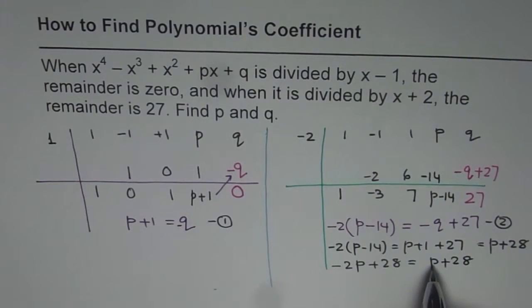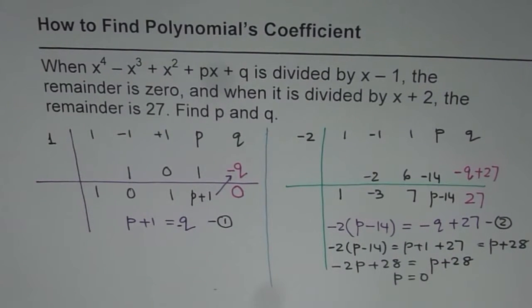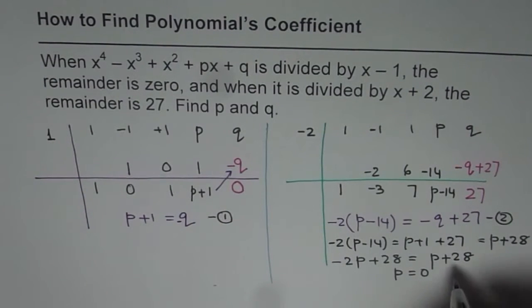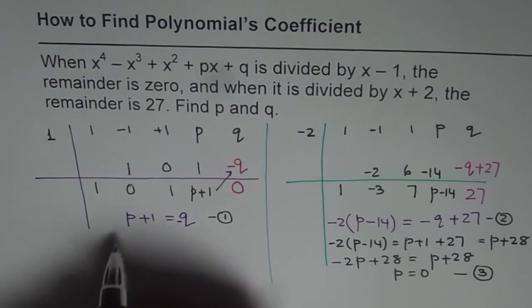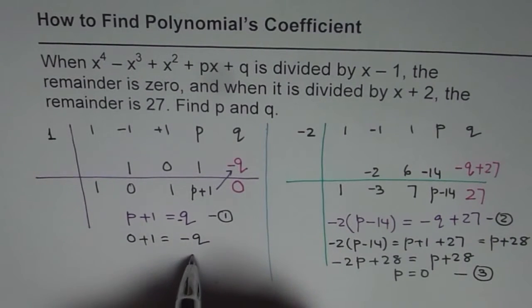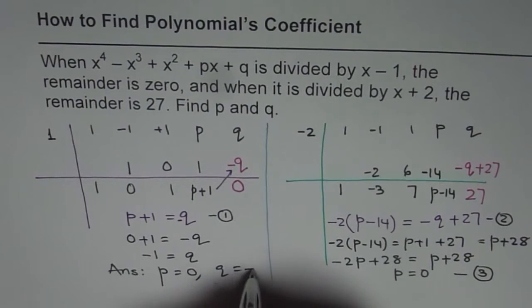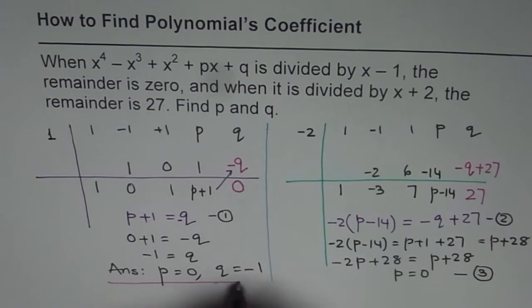Now that gives us p equals 0, right? That p equals 0 can only satisfy this equation. So we have p as 0 now. Let me call this equation 3. If p is 0, what is q? Let me substitute 0 here. 0 plus 1 is minus q, and therefore q is minus 1, correct? So we get our answer. The answer is p equals 0 and q equals minus 1. So that is the answer for this particular question, correct?